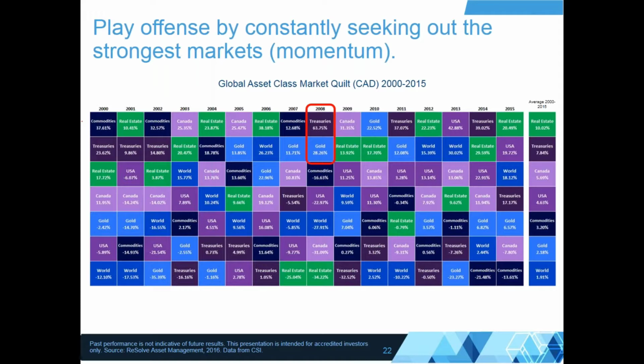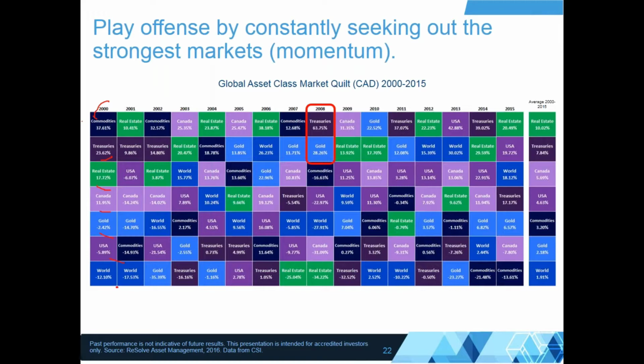Right. So here you can see in 2000, commodities were at the top. You got treasuries, real estate, Canada, gold, U.S., world, and every year we're ranking from best to worst. So what do we find? Well, what we find is that every single year, when you're looking at asset classes, there are big winners and big losers, right?